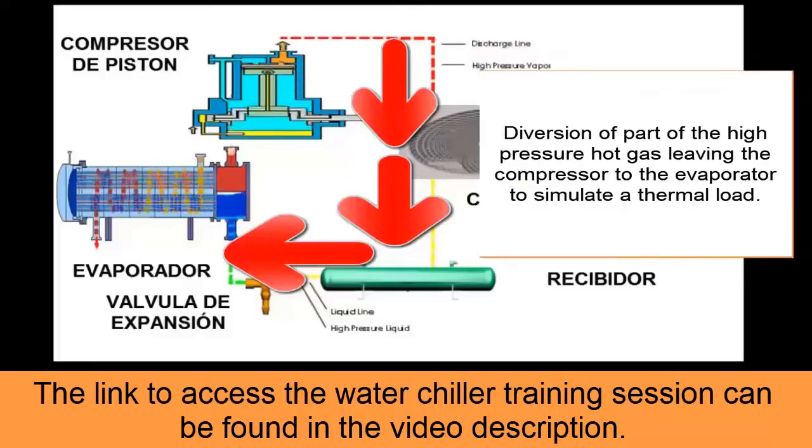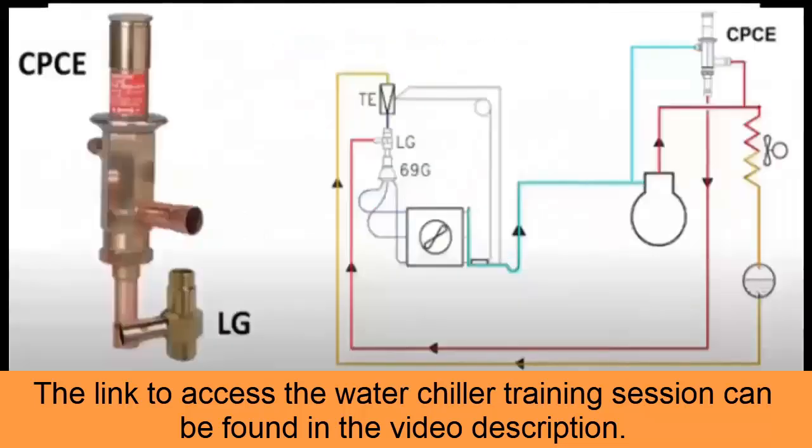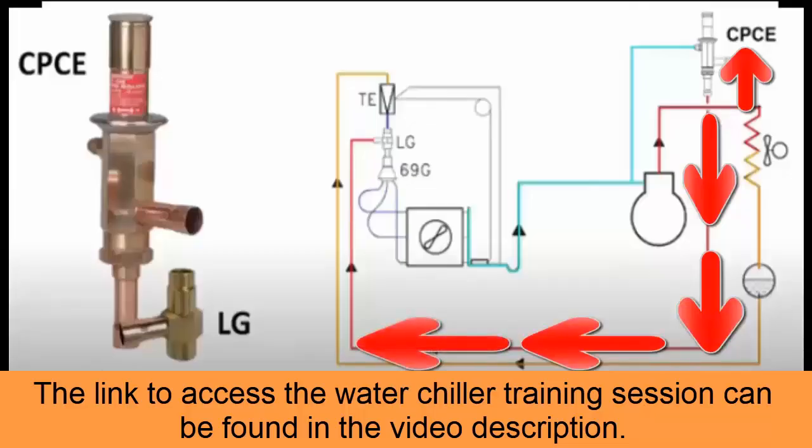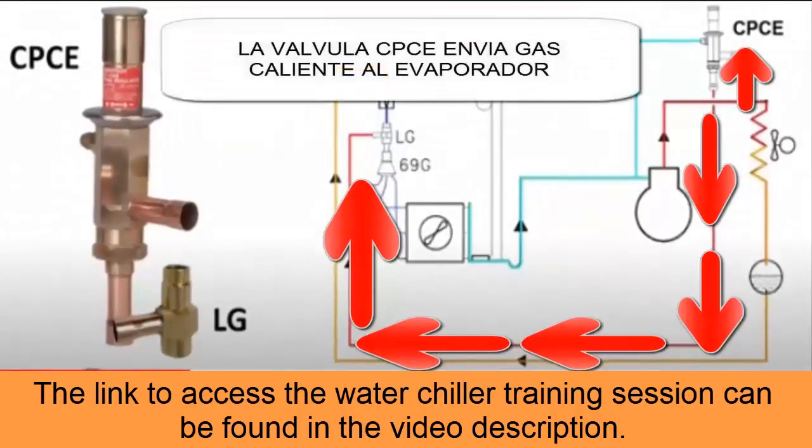In this way, we ensure that the evaporator maintains a thermal load similar to what the unit would have when operating at 100% of its capacity, while also maintaining normal chiller pressures, for example around 60 to 65 psi with R22 refrigerant. This prevents pressure from dropping due to lack of thermal load. The problem is that there is no energy savings. Since the compressor continues operating with all three pistons, we are simply maintaining normal operating conditions.